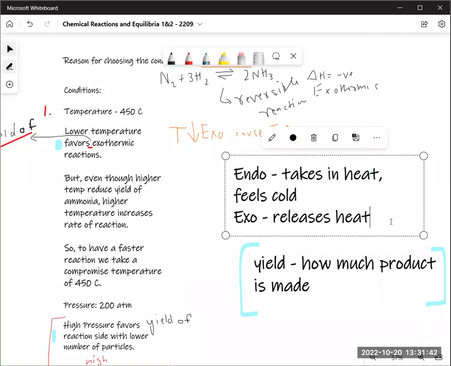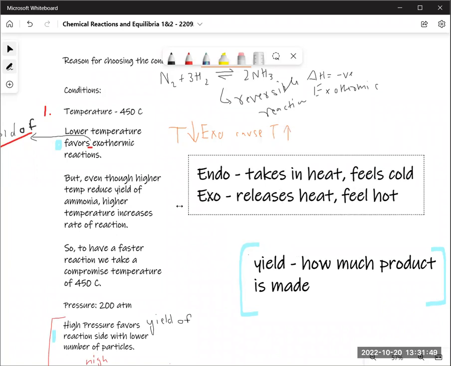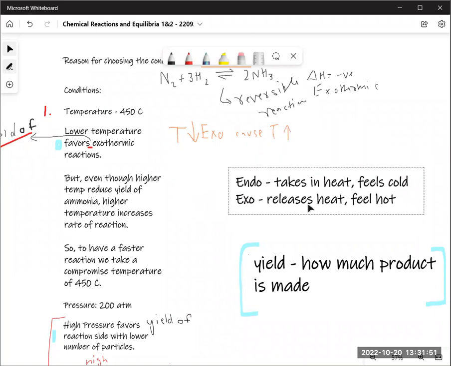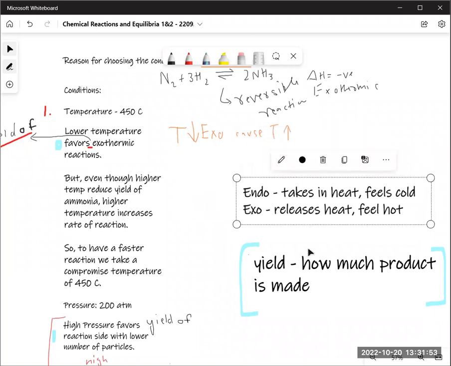Now this endo-exo is from a previous chapter. I'm just revising this for you so you know what it is. If someone does not know, you should also write these definitions for endothermic and exothermic reactions.